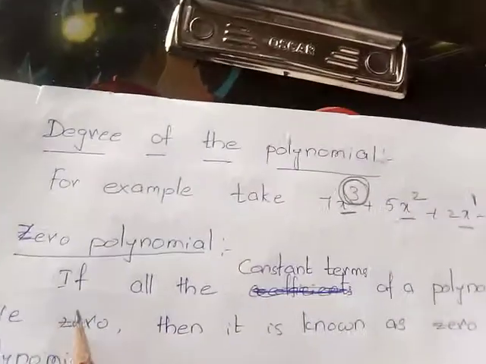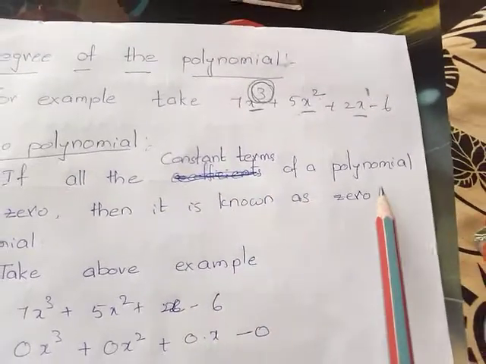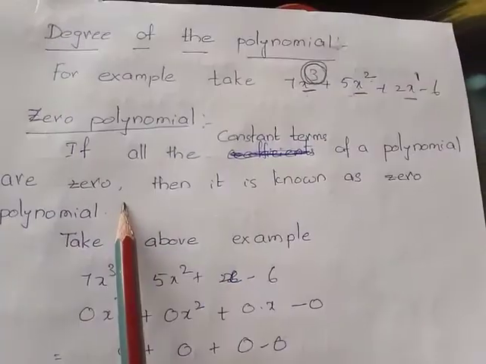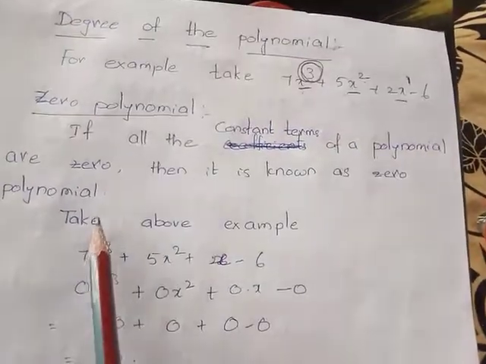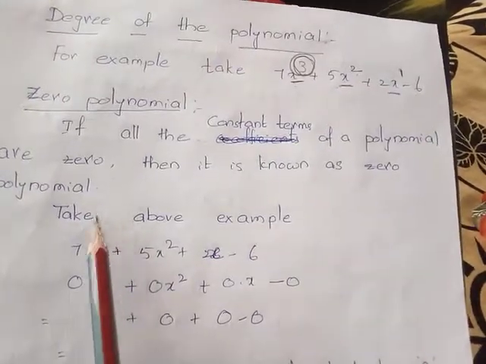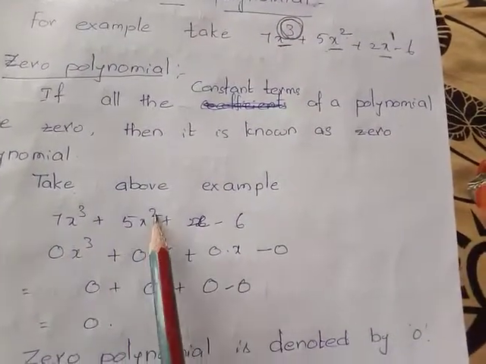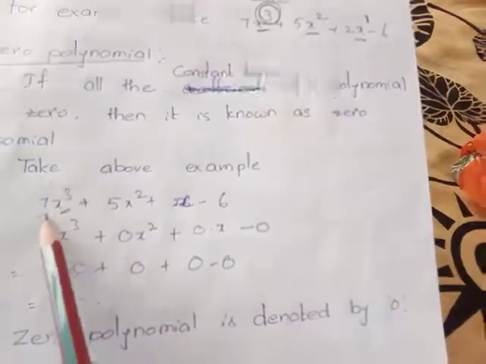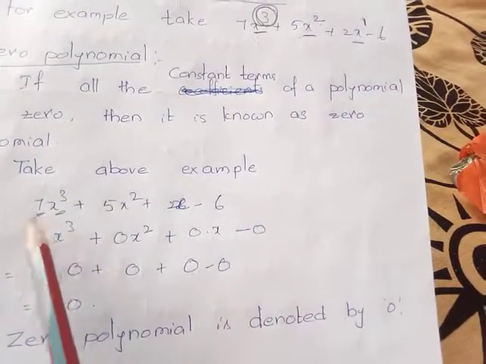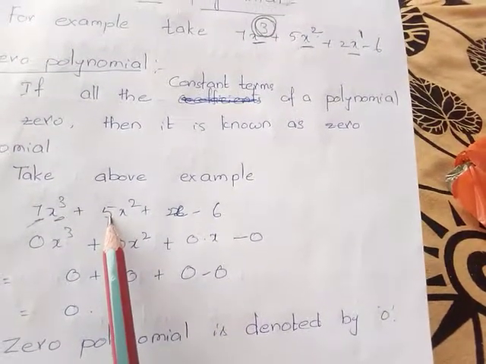Next, zero polynomial. If all the constant terms of a polynomial are 0, then it is known as the zero polynomial. Take the above example, 7x cube plus 5x square plus 2x minus 6. This is the variable, this is a constant term. You can't change this one. 7 means always 7. 5 means throughout the problem it should be 5 only.